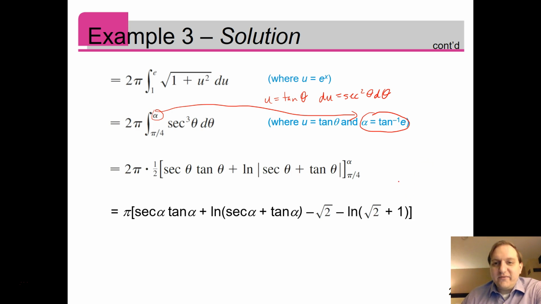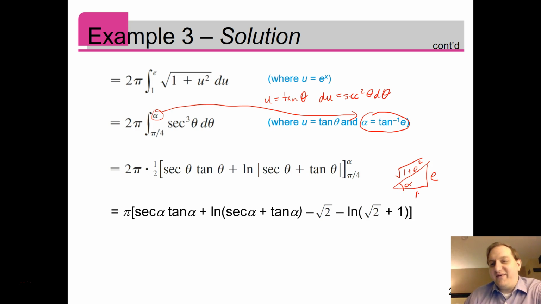So we have alpha equals the arctangent of E. I'm going to set up a triangle here. This is alpha, and tangent is opposite over adjacent, so this must be E over 1, and the hypotenuse is the square root of 1 plus E squared.